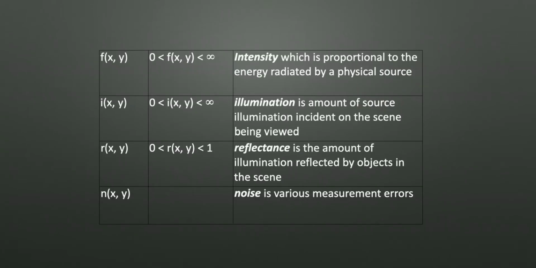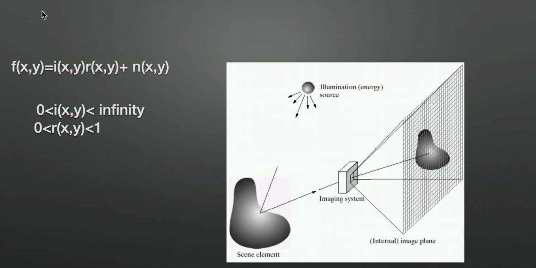Like I've said in this slide, the image that is formed is in terms of the illumination and the reflection, with some noise. The illumination is the amount of light that is present in that particular time frame.